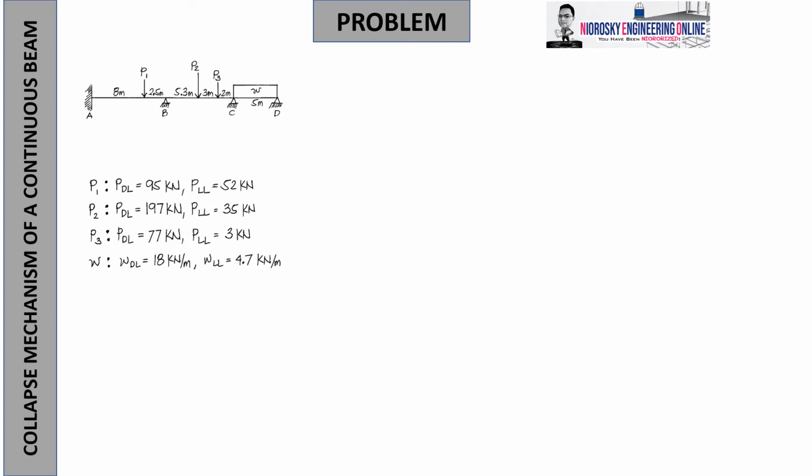Okay, first things first. So the usual routine, based on the load combinations, we are going to calculate the ultimate load value based on P1, P2, P3, and W given the specifications.